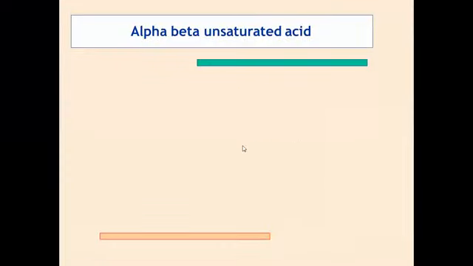We want to start the synthesis of an alpha beta unsaturated acid. So you must know what alpha beta unsaturated acids are.